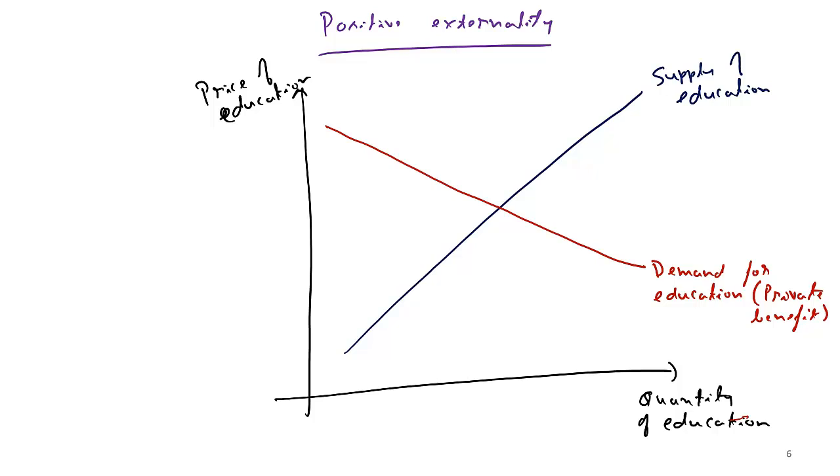Okay, this demand is measuring the private benefit, which means somebody is paying a price, say P star, and again you are getting Q star of education.